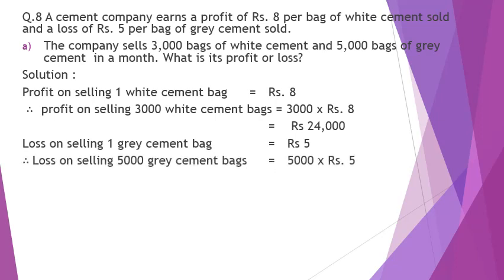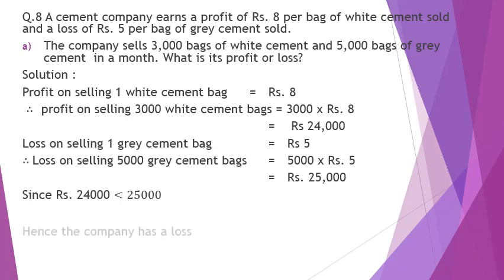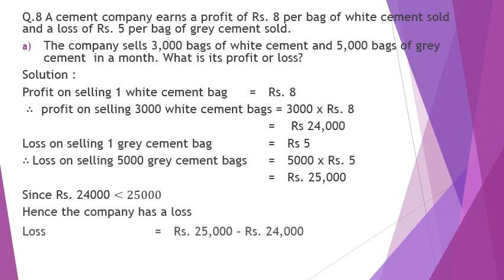Therefore, loss on selling 5000 grey cement bags equal to 5000 into rupees 5 equal to rupees 25,000. Since 24,000 is less than 25,000, the company has a loss. It has a loss of rupees 1000.